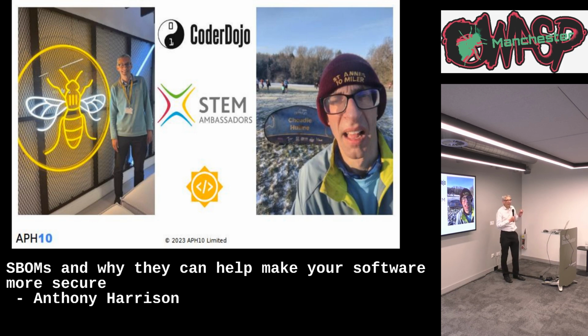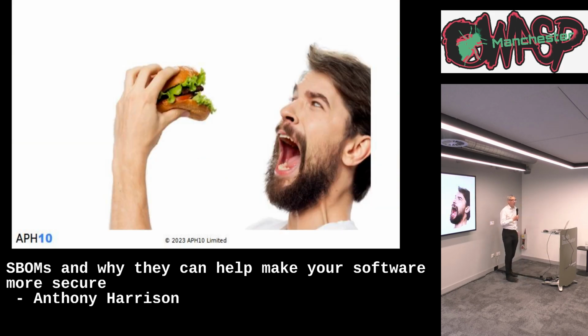So what I want to do now is introduce what an SBOM is, and I'm going to use an analogy. And I wish I'd known what we were going to have tonight, but if you're going to have a burger, do you know what's inside that burger? How's it being constructed? Do you know all the ingredients of that burger? Because whenever we go to a restaurant, you say, anyone got any allergies?